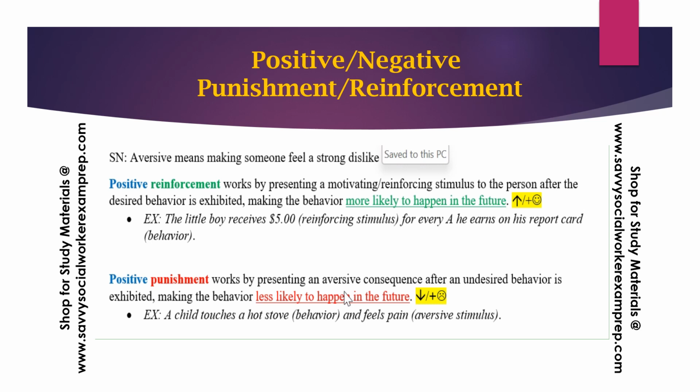So the red means we want to try to stop or decrease this behavior. An example: a child touches a hot stove and feels the pain. The child touching the hot stove is the behavior, and the stimulus is that he feels the pain. So we don't want to do that anymore.